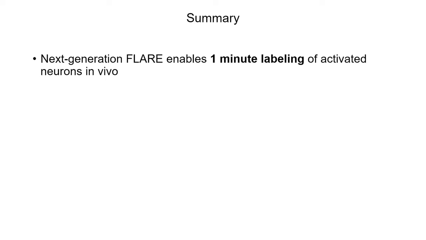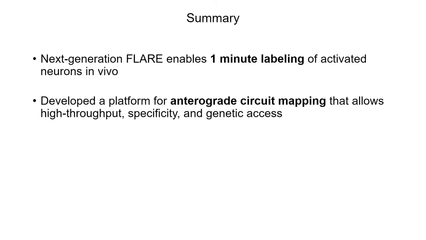All right, so what I've sort of had the chance to share with you all today is the example of this next generation of FLARE that enables as little as 1 minute labeling of activated neural ensembles in vivo. And using this new tool, we've developed a platform to kind of do anterograde functional circuit mapping in vivo.